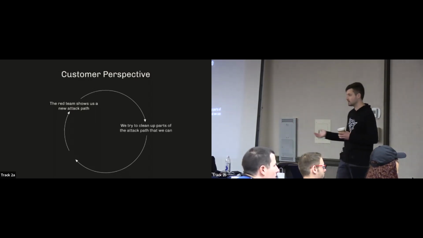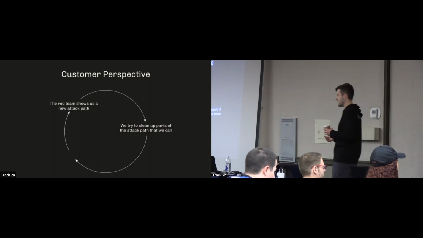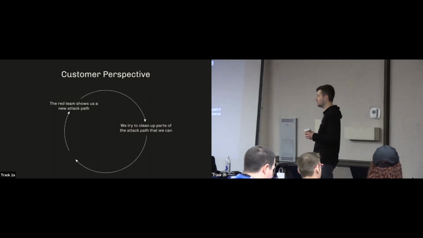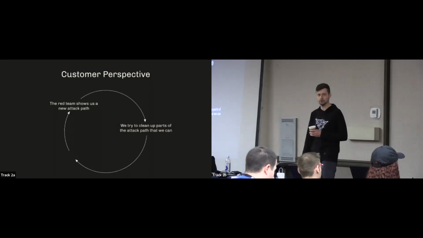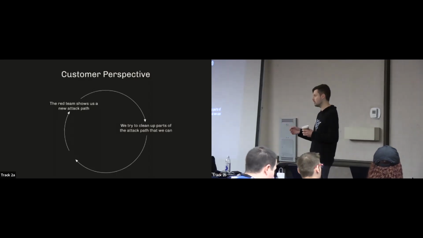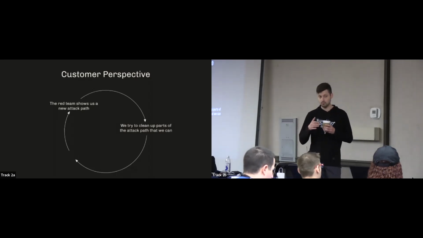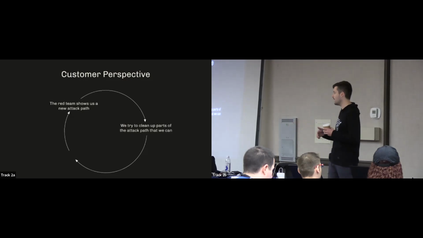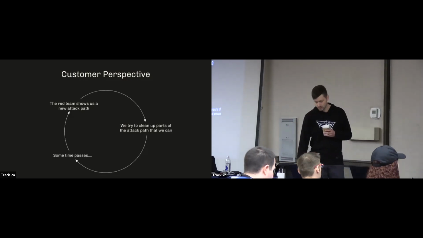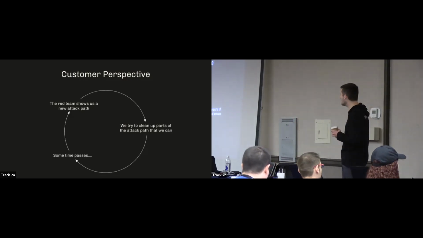We try to clean up some pieces of that attack path, and then we run into federated IT, shadow IT, business requirements, technical limitations, backwards compatibility issues, you name it. There are so many legitimate hurdles that people try to overcome, and more often than not are defeated by those hurdles. Some time passes and we do it again.